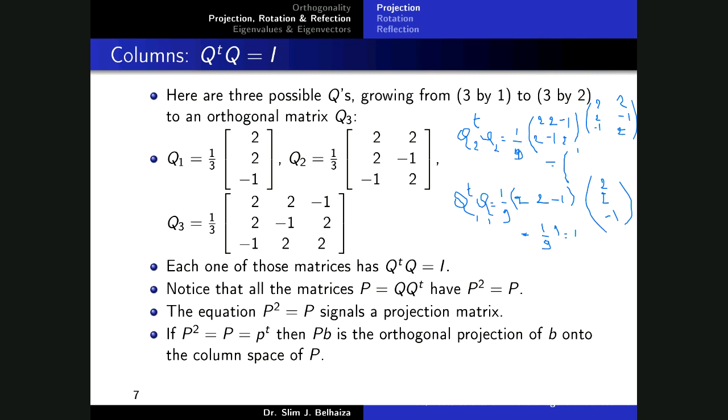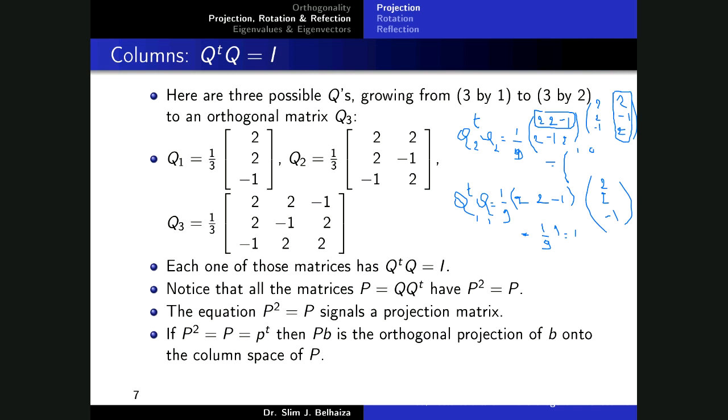Why is that happening, Shabab? Can you tell me why, when I multiply the first row of Q transpose by the second column of Q2, the result is 0? What does that mean, basically?